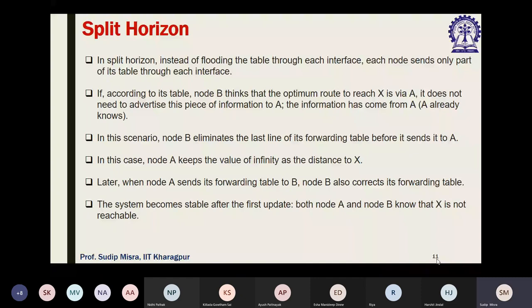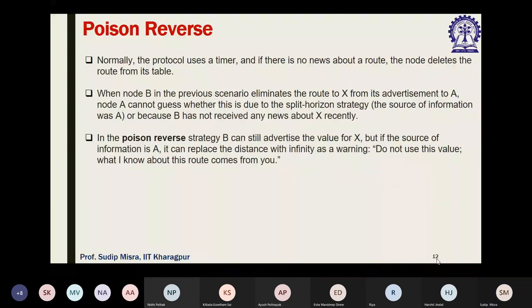Now split horizon also has its own problem. For this, poison reverse can address it to some extent. Poison reverse says that normally these routing protocols use a timer. We have seen these timer based protocols. If there is no news about a route after the timeout, then the node will delete the route from its table. This is normal.